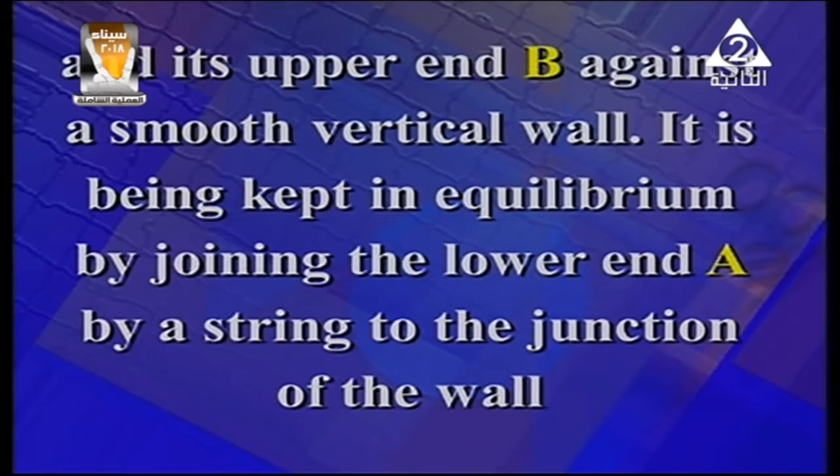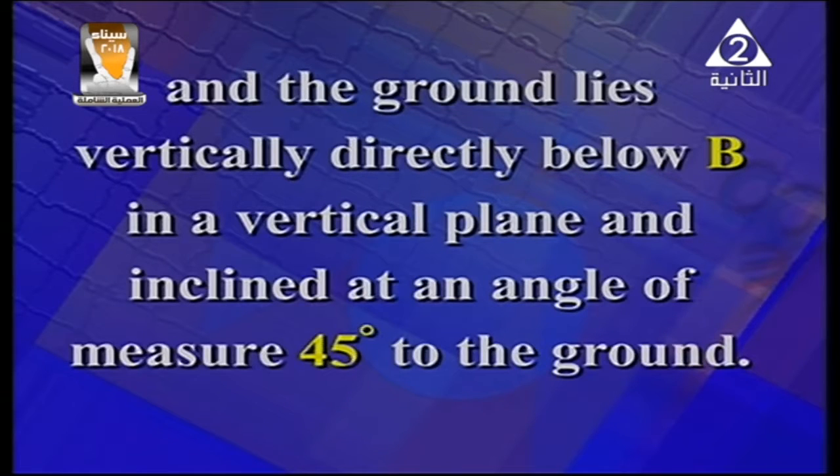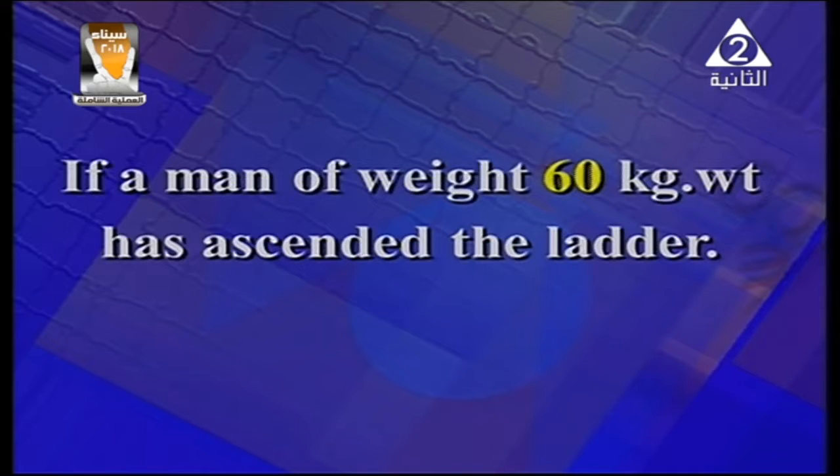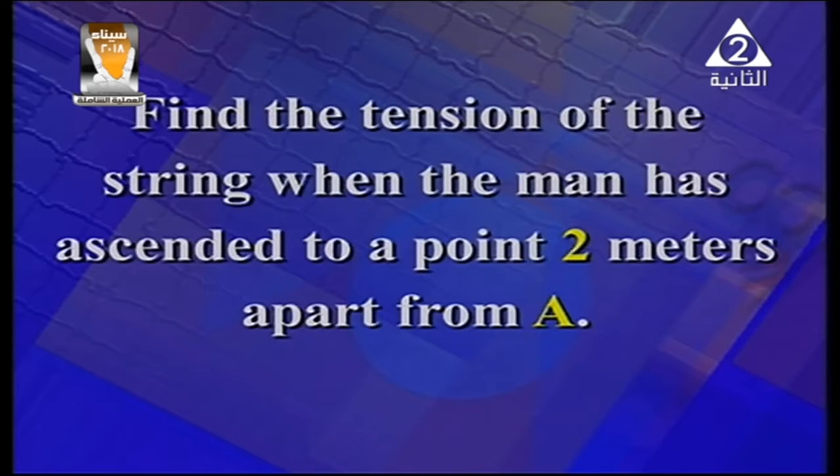It is kept in equilibrium by joining the lower end A by a string to the junction of the wall and the ground, directly below B in a vertical plane, inclined at an angle of 45 degrees to the ground. If a man of weight 60 kilogram ascends the ladder, find the tension of the string when the man has ascended to a point 2 meters from A.